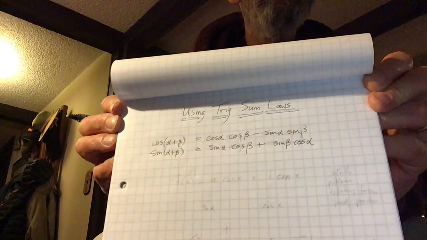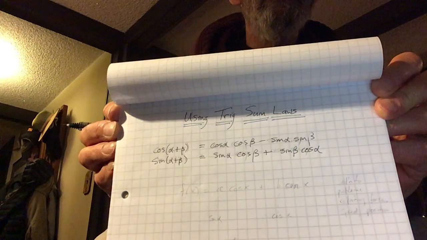You do that by saying alpha minus beta is alpha plus minus beta, and then use the facts about sine. So anyway, I'm writing in the sine law. So there they are. They're in all the books, and that's the situation.